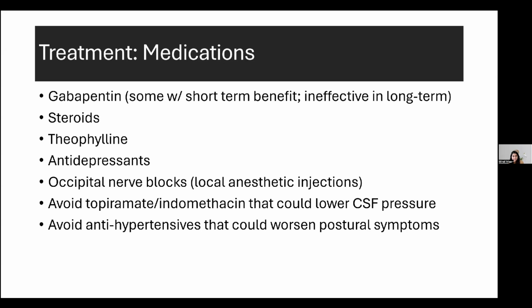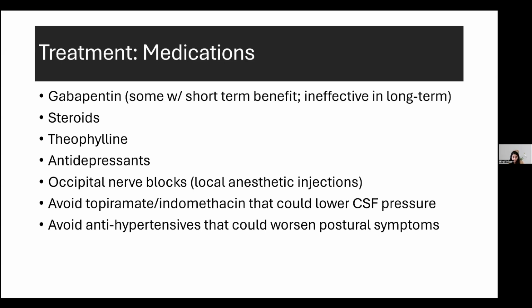So these are the headaches that happen as a result of a spinal tap or surgery. So for some of these patients, gabapentin provides minimal effects in the short term, long term, not so much. Same thing with steroids and antidepressants. Sometimes patients will get occipital nerve blocks. But overall, there's not strong evidence to suggest that any of these medications are particularly effective.